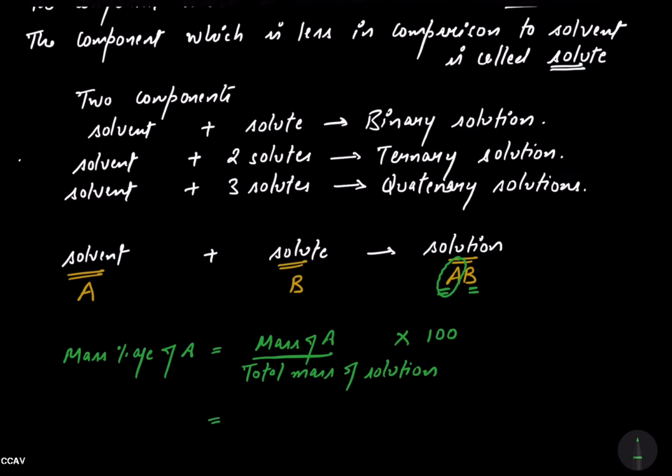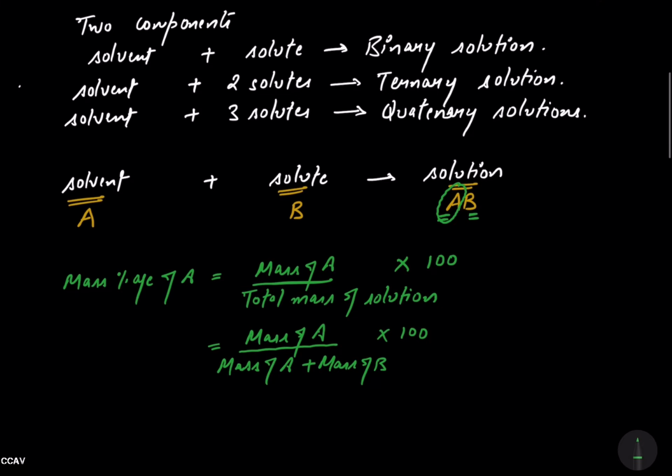Now, what is the total mass of solution? The total mass of solution will obviously be the mass of A plus mass of B, into 100. I will get the mass percentage of A. Now for calculating the mass percentage of B, we can simply subtract the mass percentage of A from 100.